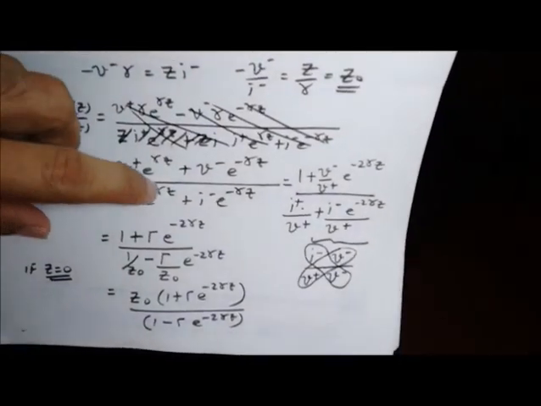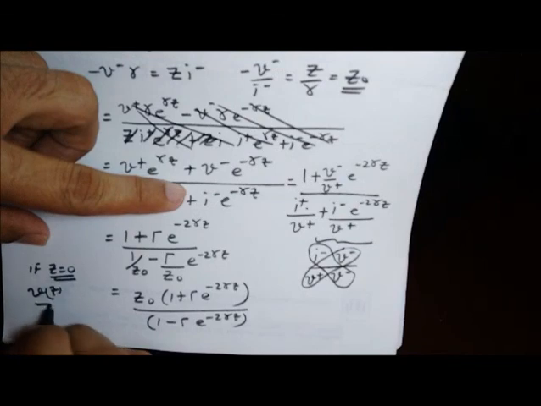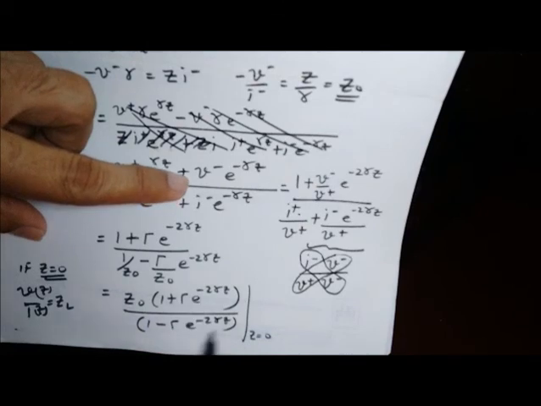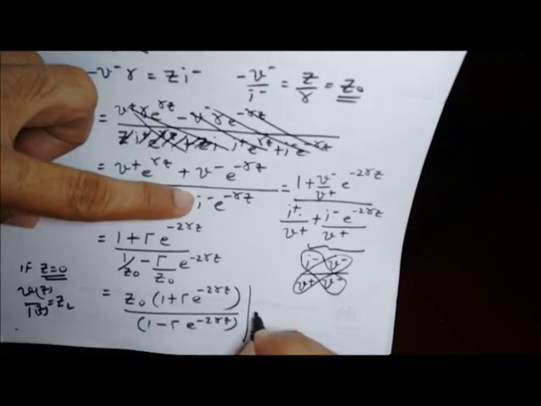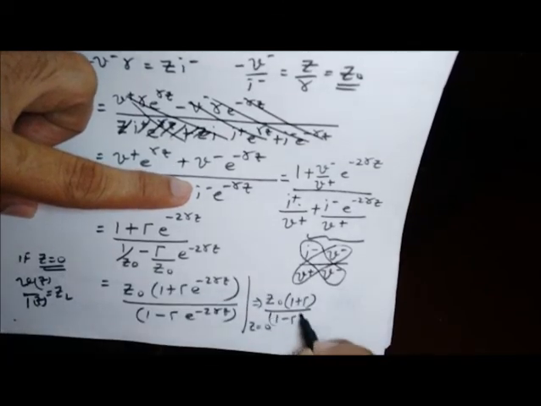So at Z equal to 0, it becomes Z naught times 1 plus gamma divided by 1 minus gamma, with Z substituted as 0, and that is equal to ZL.